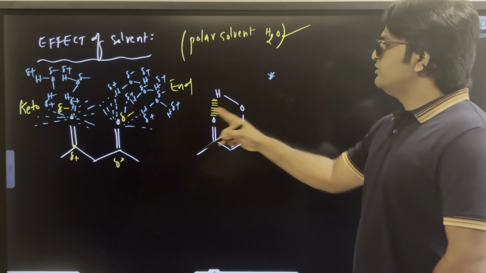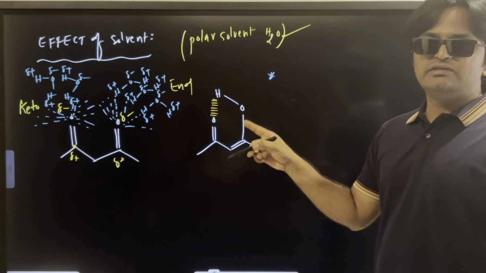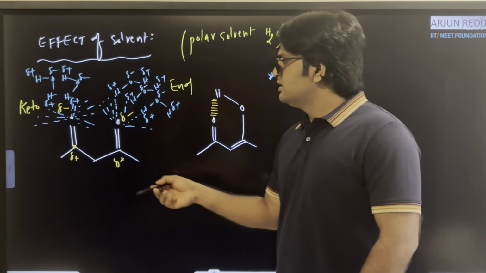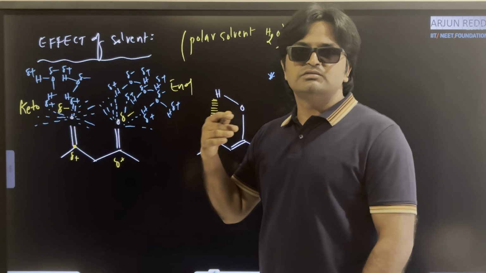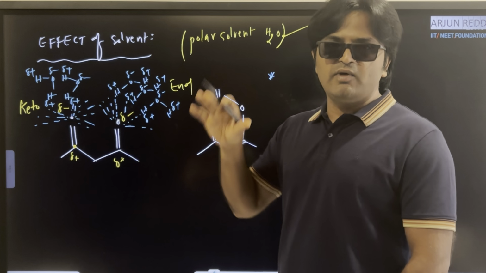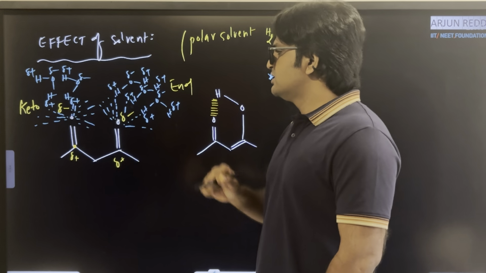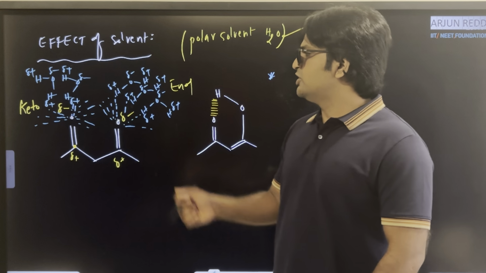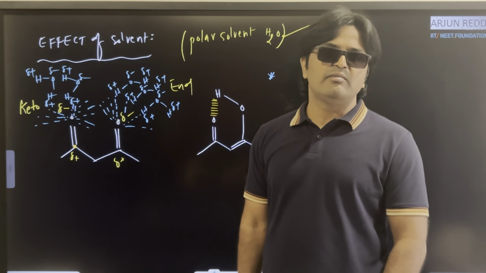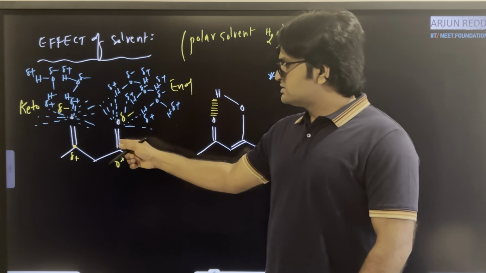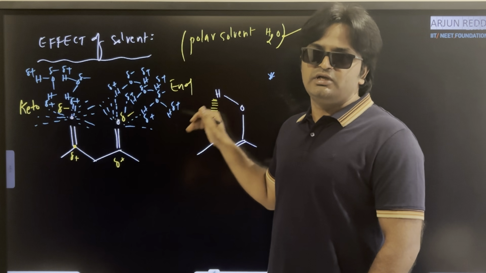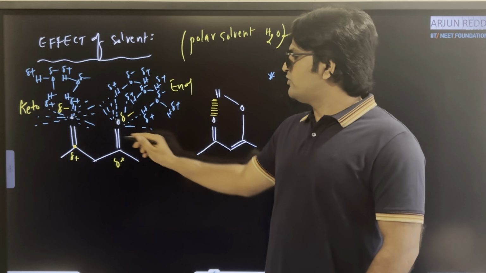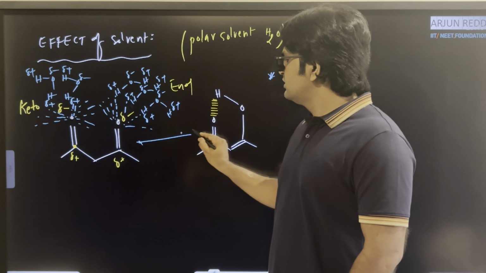The 1,3-diketone will say that I am more and more comfortable in polar solvent. Why? Because I am more solvated by the water particles. Because of that greater solvation, this dicarbonyl compound wants to stay in keto form compared to enol form. So keto form is more dominating than enol form.